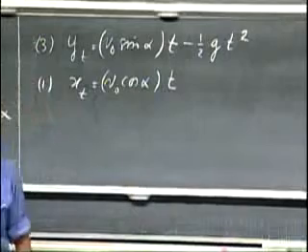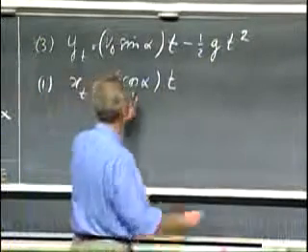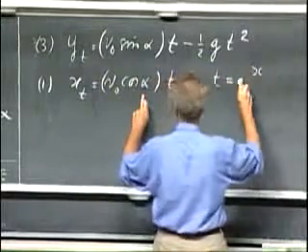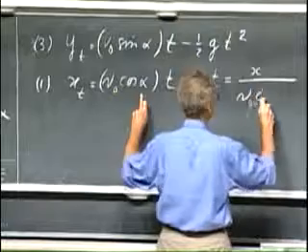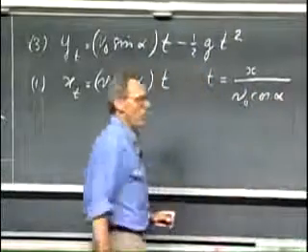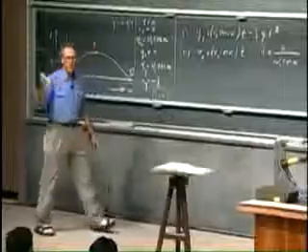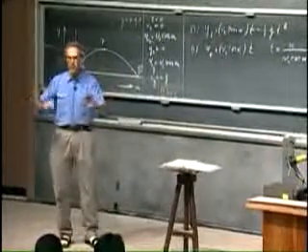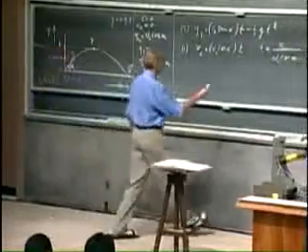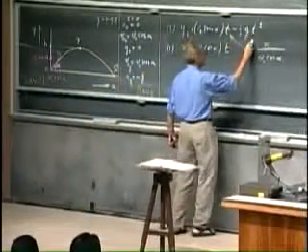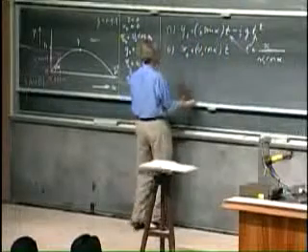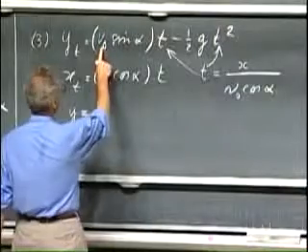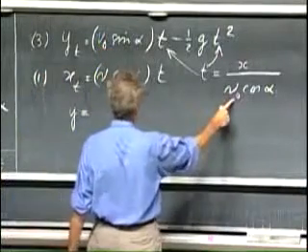Now I eliminate t, and the best way to do that is to write for t: x divided by v0 cosine alpha. Now I can drop all subindexes t, because we're now going to see x versus y. We're going to eliminate t. So I'm going to substitute in here and in there, and so I get y equals... There's a v0 here, and there's a v0 there.